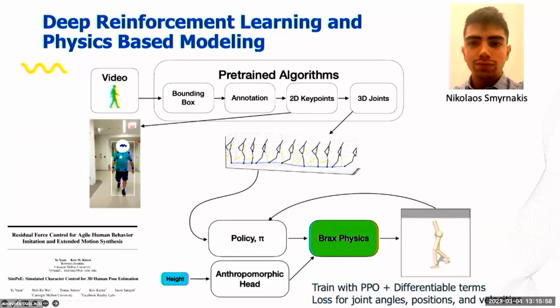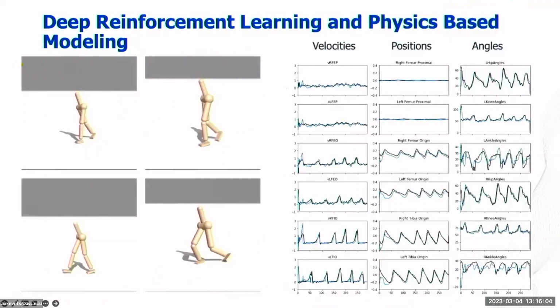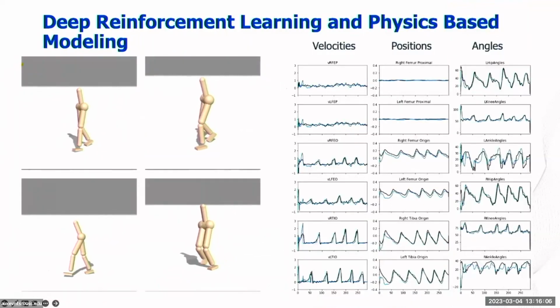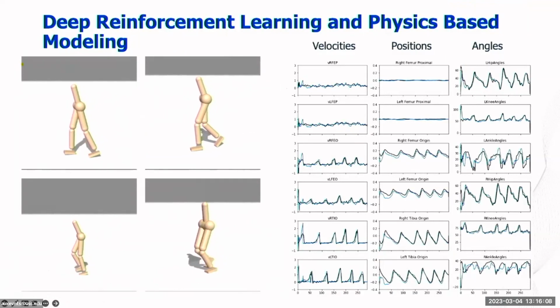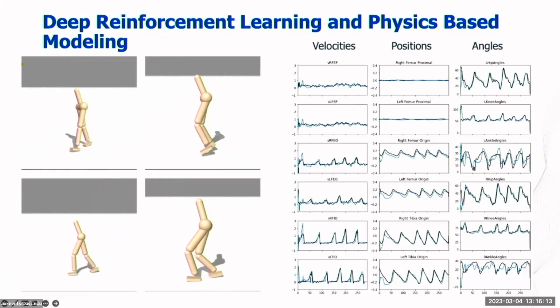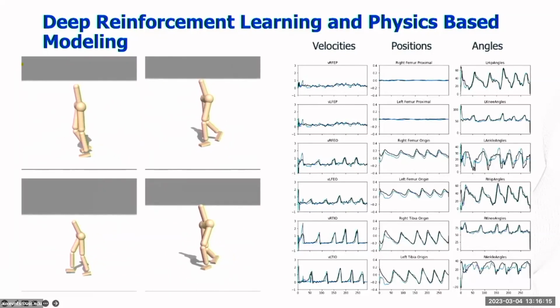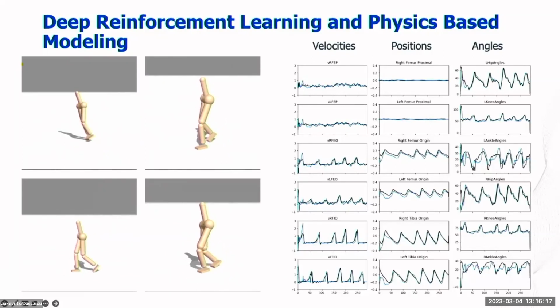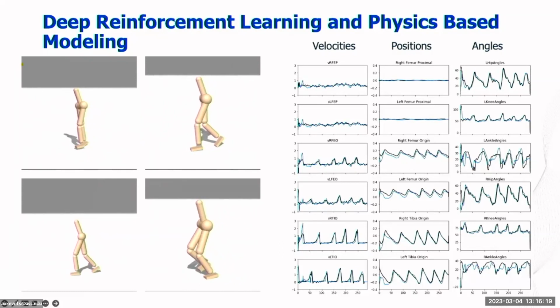So we can now train over this entire dataset and try to learn anthropomorphic heads that make this policy generalize to new people and track their walking. This is still early work, but here are examples of people with very different gaits. This is one particular policy tested on people who were held out during training. On the far right, you can see we've got the model so that it fits the model parameters, so it actually replicates a lot of the kinematics.